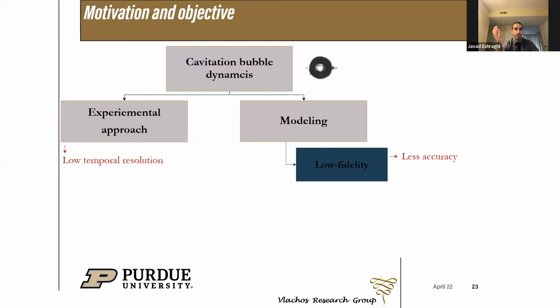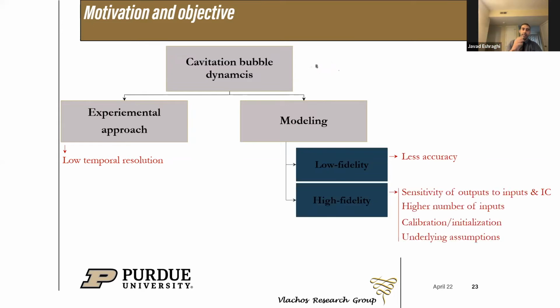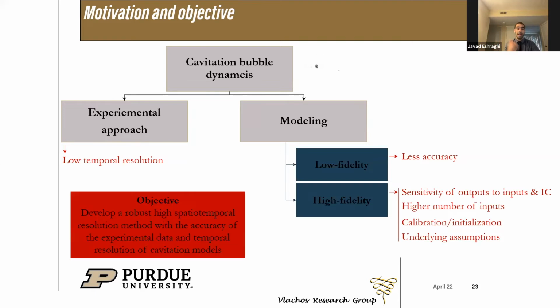However, high-fidelity models are not always available, and even for these models, the sensitivity of the model outputs to the initial input parameters makes this method less reliable, since some initial inputs are not experimentally measurable. Therefore, we propose a robust characterization tool based on a novel data assimilation technique to overcome these 2 challenges in the existing methods.